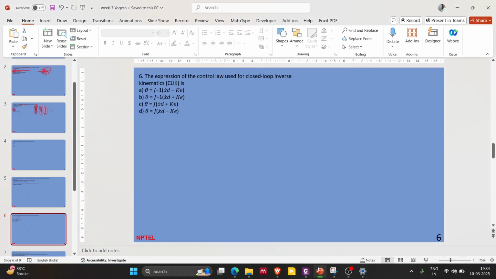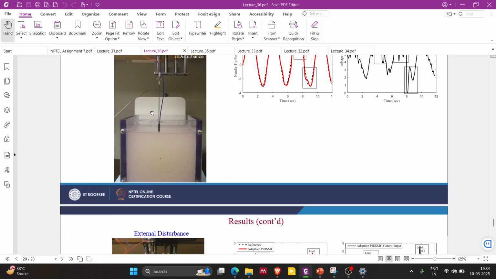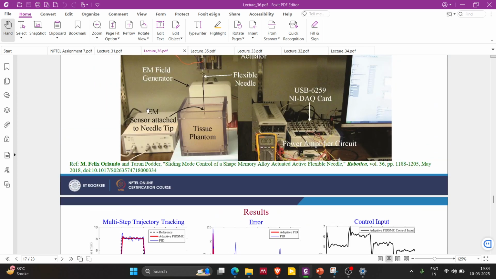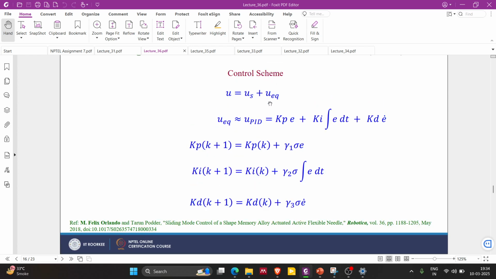You don't need to mug up this, but there are some equations you need to know. The U equation is basically a PID: KP times error, KI times integral of error, and KD. US is the sliding mode control part, where gamma sigma E is your sliding variable.